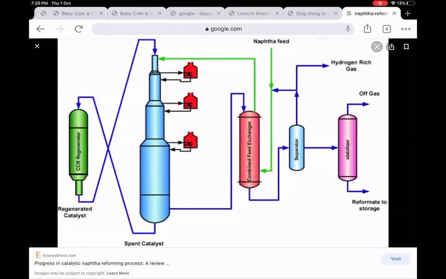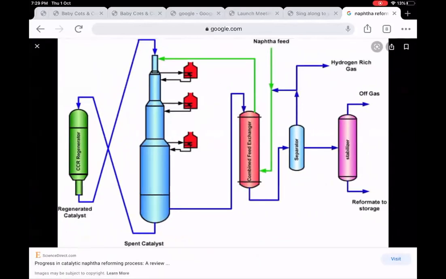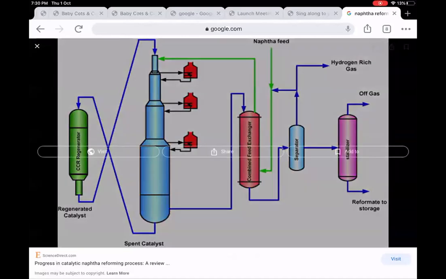You have a regenerator and you have a reactor. What is the difference between FCC and this one? Both are the same. Only in FCC the catalyst moves at a faster rate, and in the naphtha reformer it moves at a slower rate. This green color is the regenerator. This blue color is the reactor.